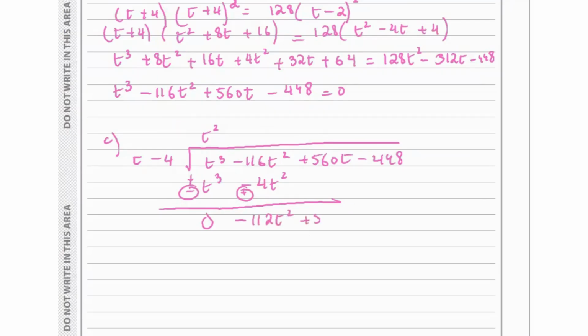Then plus 560t comes down, and so does negative 448. Now we times t by negative 112t, which is going to be negative 112t squared, and negative 112t times negative 4 is going to give me negative 448t.